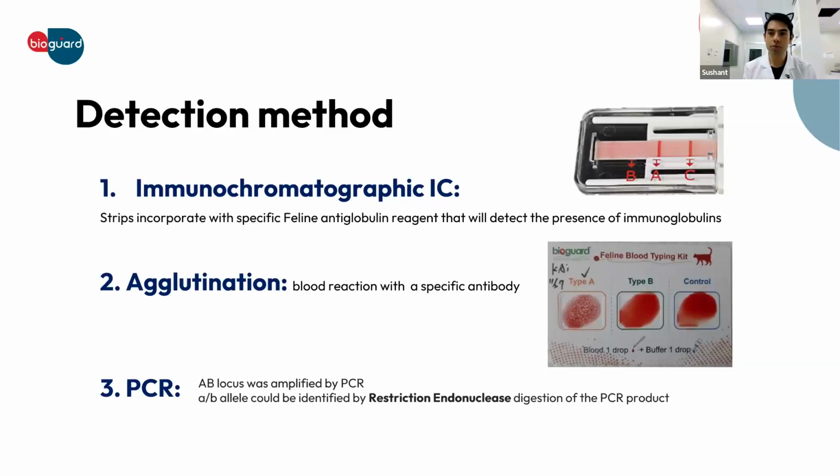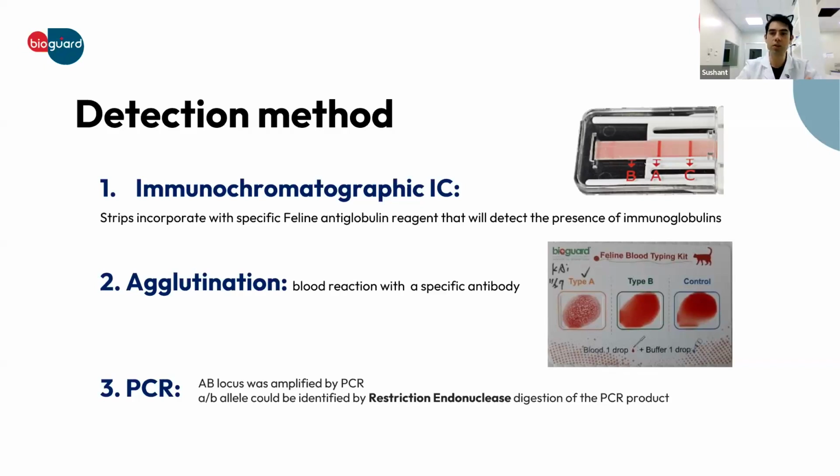So PCR based methods are the most precise. I introduced you to the alleles that are present in the genome of any organism. Similarly, in cats, there are loci for A and B on the genome. Once you know the basic PCR, you need to design primers to amplify those segments of the genes.